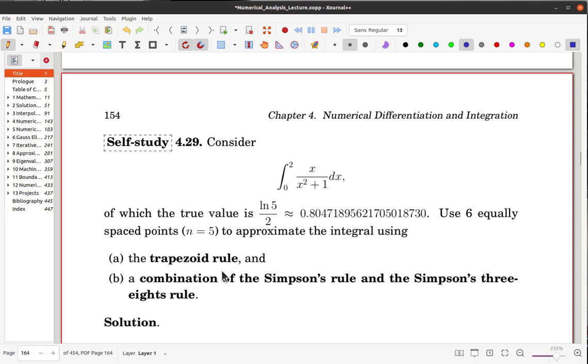First we'll use the trapezoid rule, and secondly we'll use a combination of Simpson's rule and Simpson's 3/8 rule. There are 5 subintervals, so for the first 2 subintervals you can use the original Simpson's rule, and for the last 3 subintervals you can use Simpson's 3/8 rule.